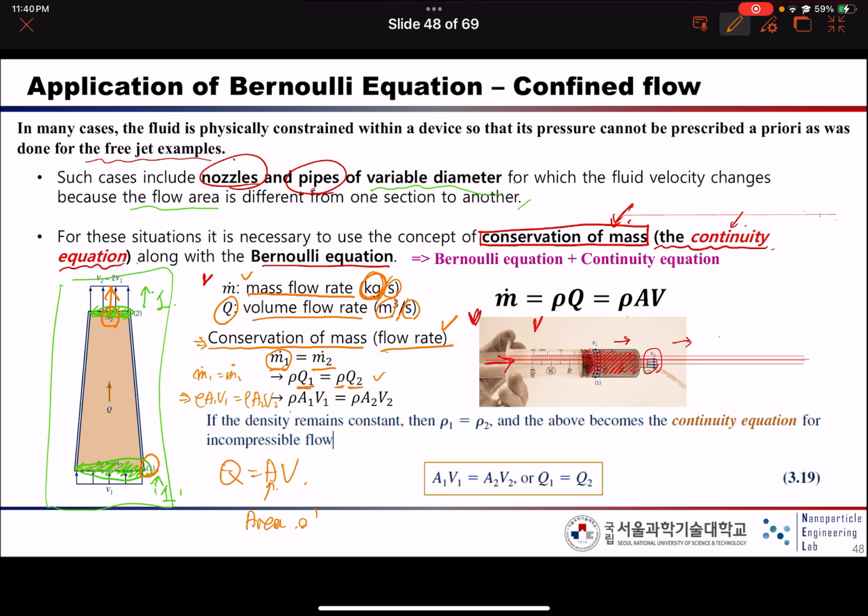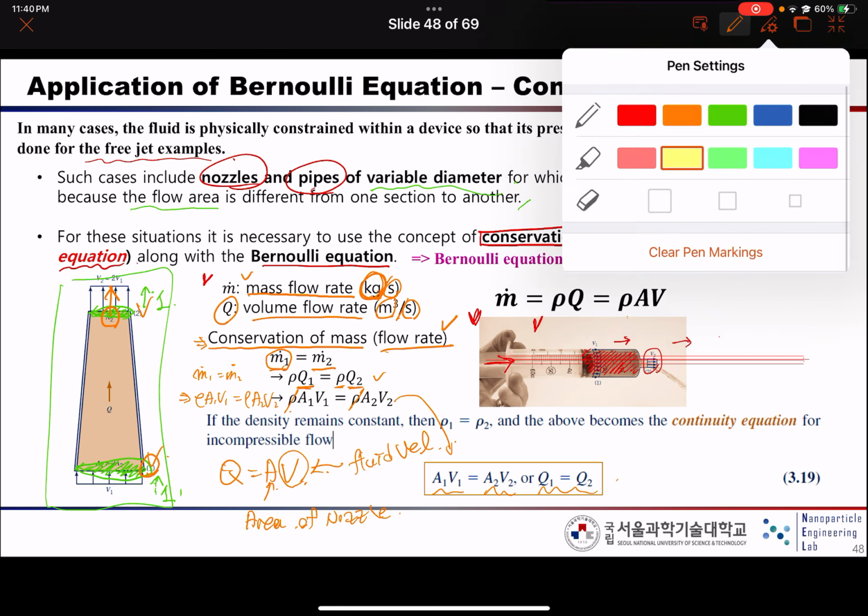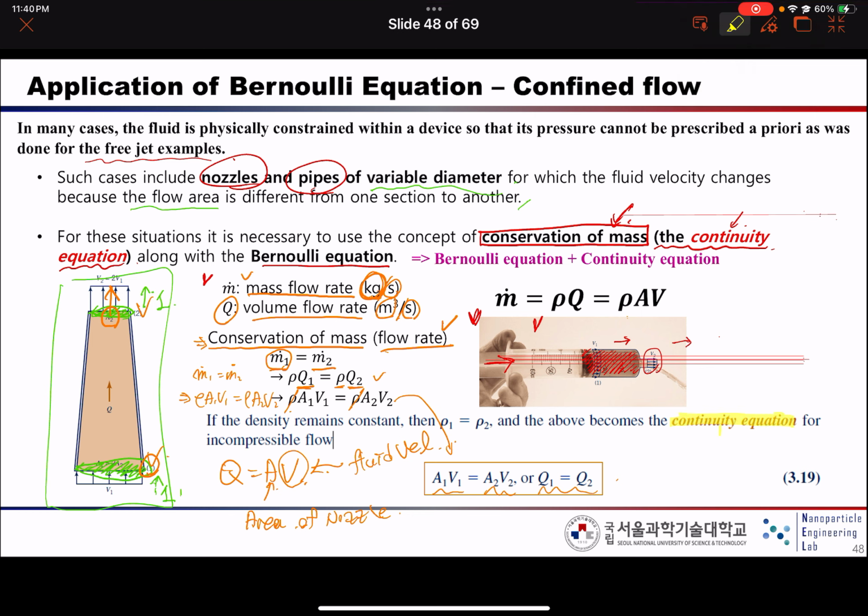where A represents the area of the nozzle and V represents the fluid velocity. Okay. Because the density is identical, you can write A1 V1 equals A2 V2, or Q1 equals Q2. This is called the continuity equation.